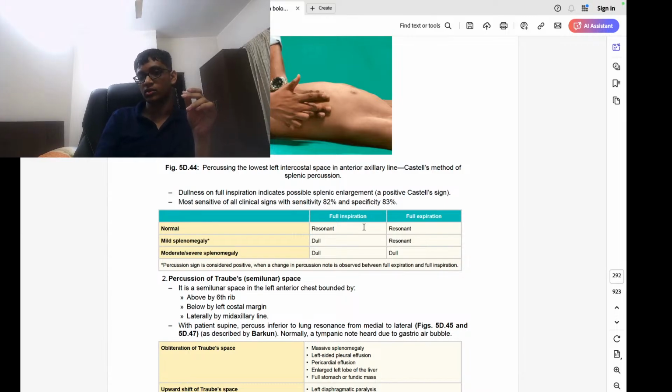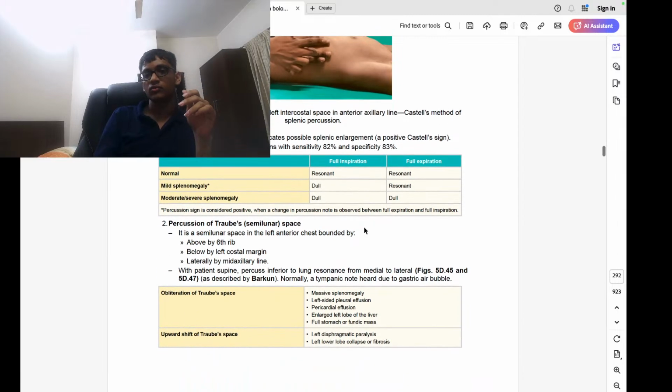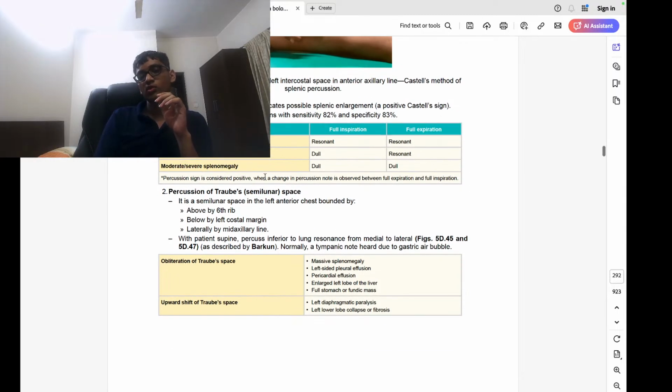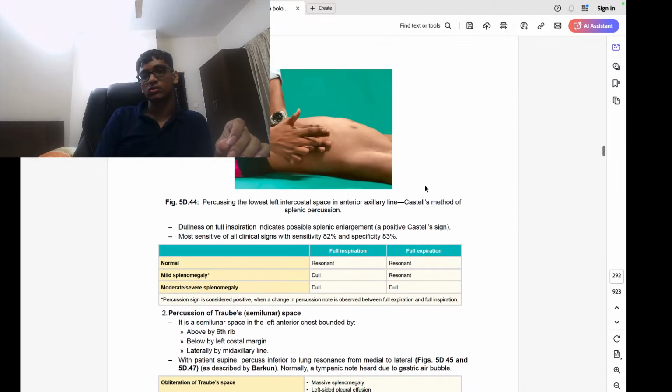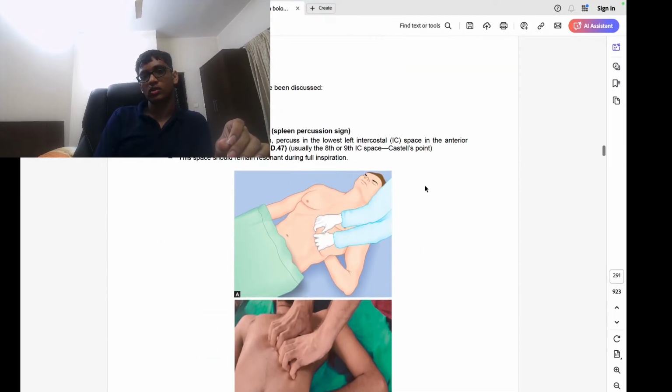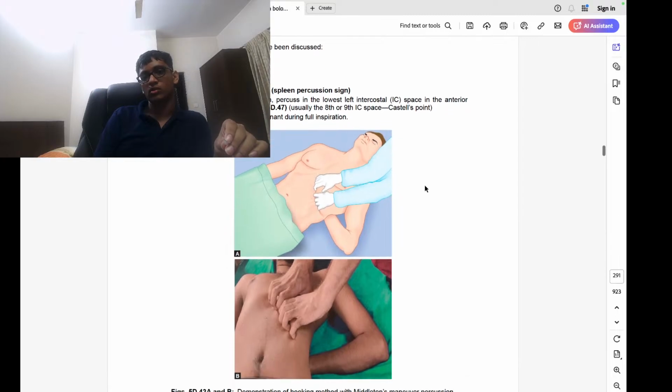A positive Castell sign is the most sensitive of all clinical signs, with sensitivity 82% and specificity 83%. The percussion sign is considered positive when a change in the percussion note is observed between full inspiration and full expiration. Castell's point is the 8th or 9th intercostal space.